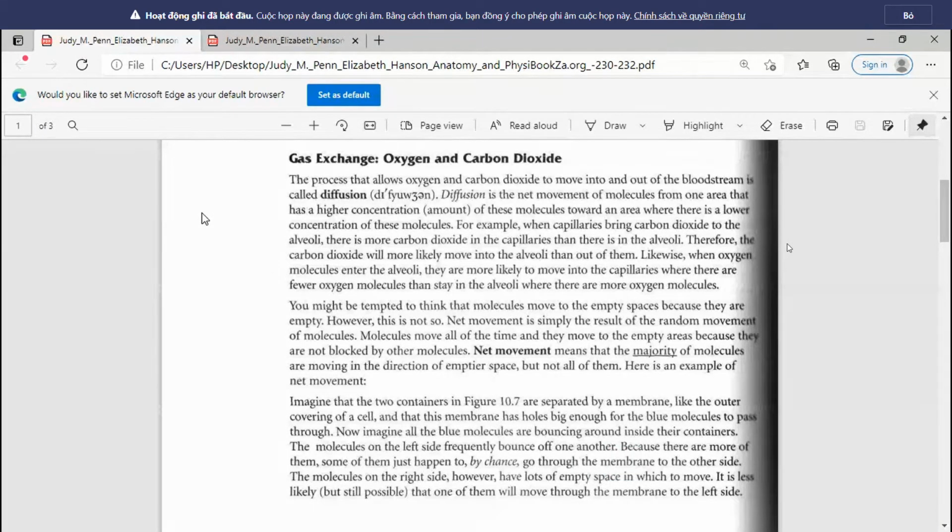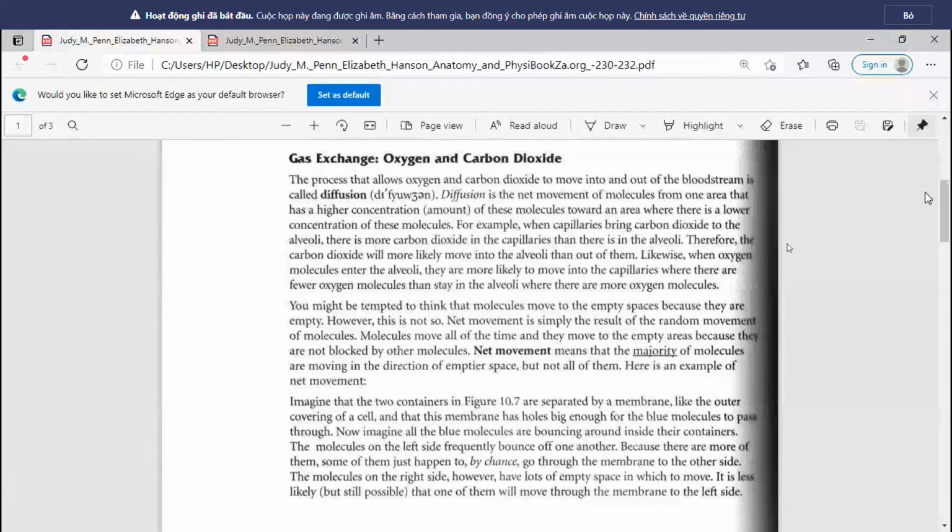Molecules move all the time and they move to the empty areas because they are not blocked by other molecules. Net movement means that the majority of molecules are moving in the direction of emptier space, but not all of them. Here's an example of net movement.